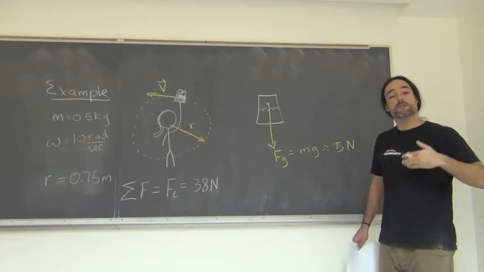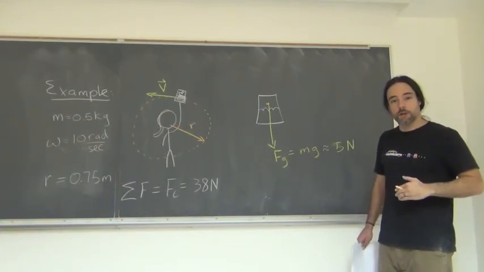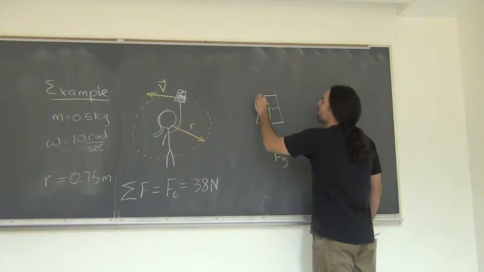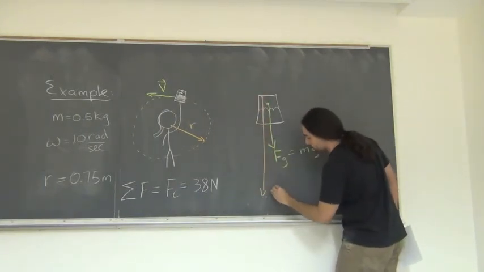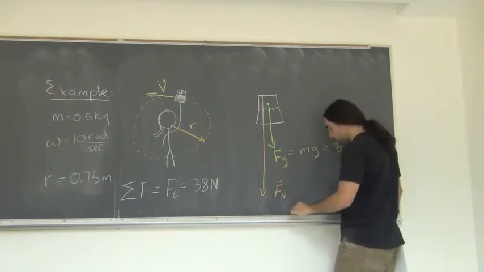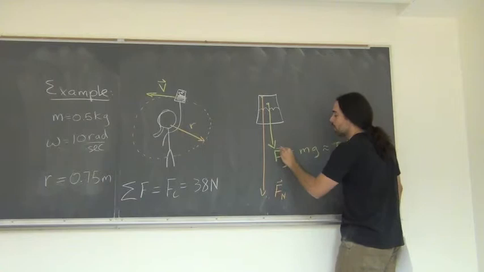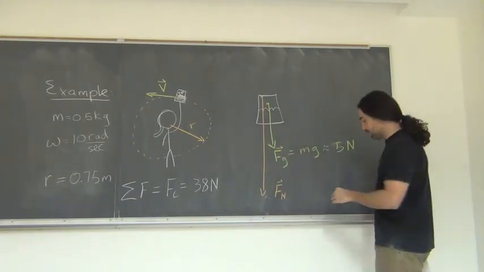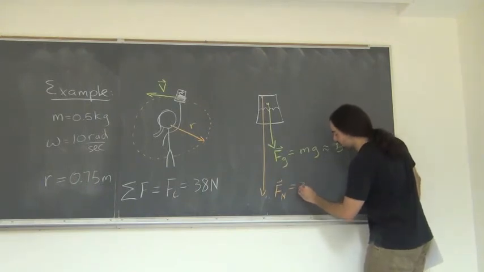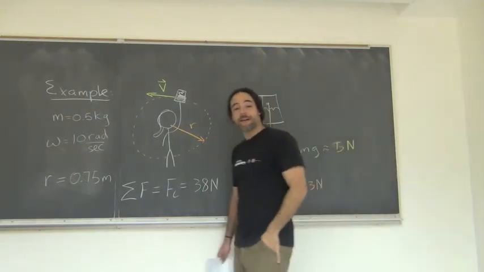So it's got to be the force of the cup pushing down on the water, and we can treat that just like a normal force, because it is a normal force. So we'll say that this is a normal force, and in order to get a total force of 38 newtons pointing down, this normal force has got to be about 33 newtons in magnitude.